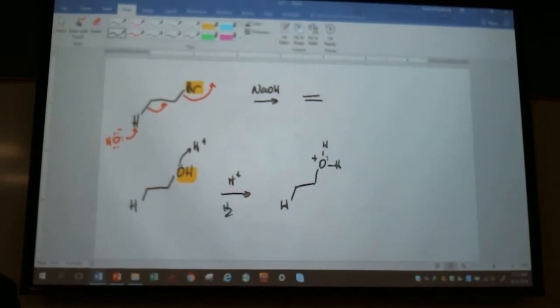So then we have a solvent like water, or even another molecule of my alcohol, whatever it is, this weak nucleophile. Once this is converted into a good leaving group under acidic conditions, then I can form the alkene.